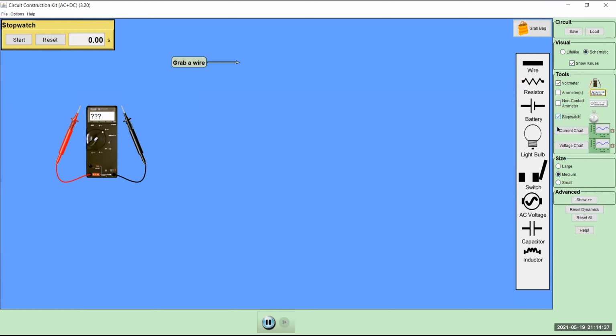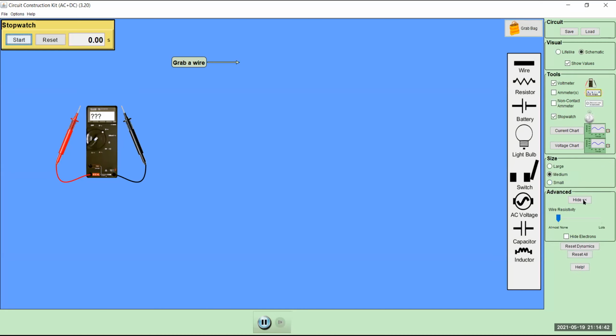Do we need it in medium? It is in medium. Then I'm going to show extras and hide electrons because we don't want to see those dotted things. And in here, we're going to pick a small resistivity just to make it look more realistic. So that's all there is to it.